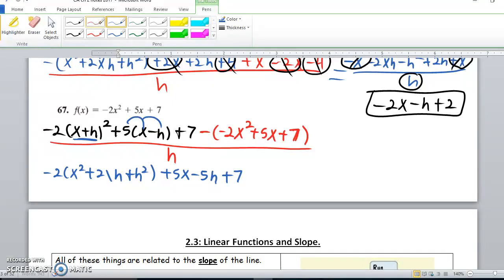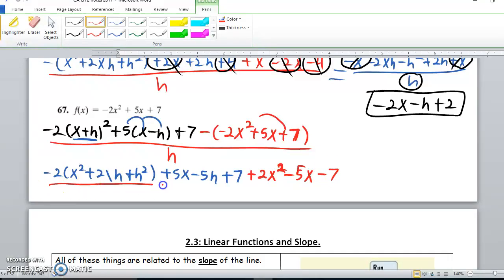Now it's time to distribute this negative right here, which is just going to cause a sign change on all this stuff. So that'll turn into a plus 2x squared, then we get a minus 5x, and then a minus 7.